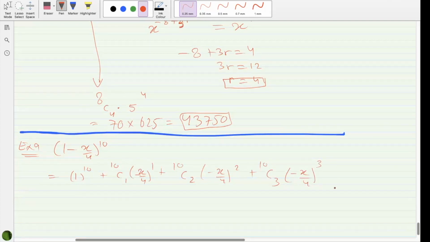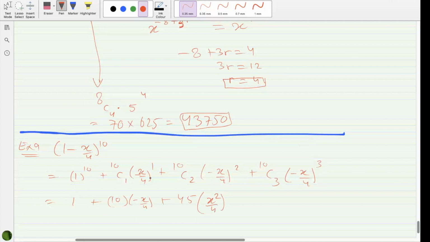These are the first four terms. So 1 power 10 is 1. 10c1 is 10. So this is 10 times minus x by 4 plus 10c2 is 45 times x square by 4.